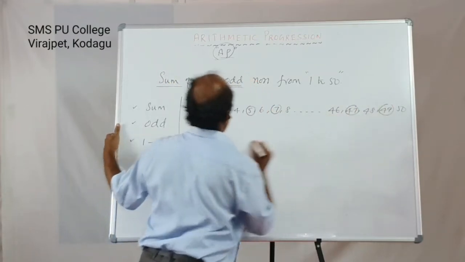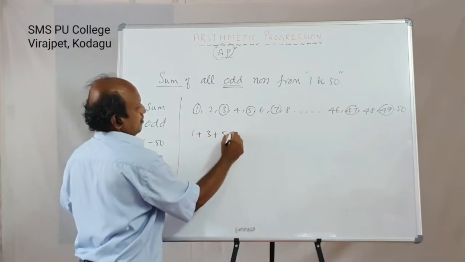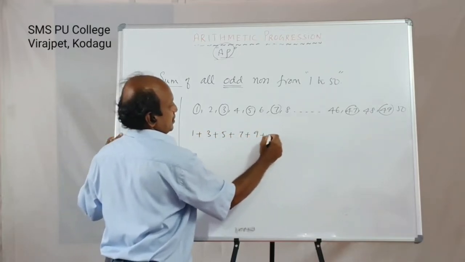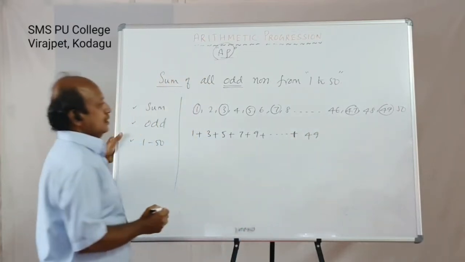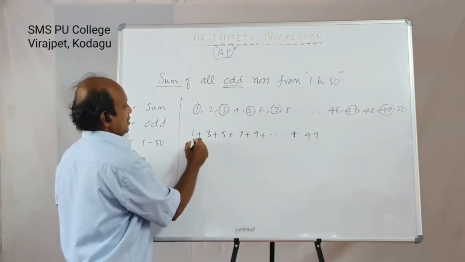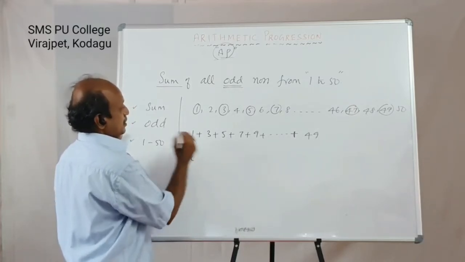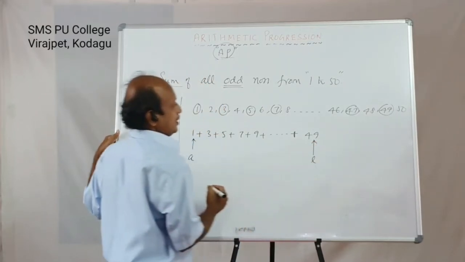That means we have to find the sum of 1 plus 3 plus 5 plus 7 up to 49. Now you have to find the sum of this. You know the value of a. What is the value of a? It is nothing but 1. What is the value of l? You know that it is 49.